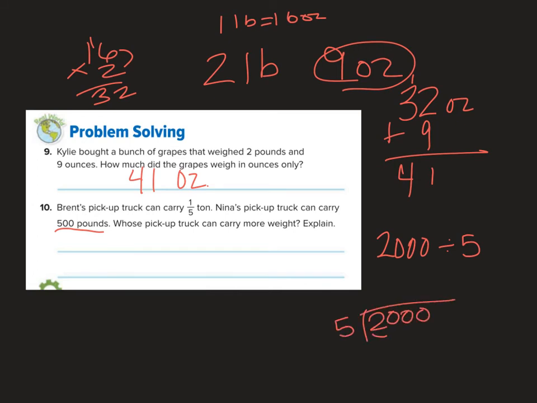2 divided by 5 can't do it. 20 divided by 5 is 4, minus 20 is 0. Bring down our 0. Can't go in there, 0. 400. So Brent's, here's going to be our explanation, equals 400 pounds.